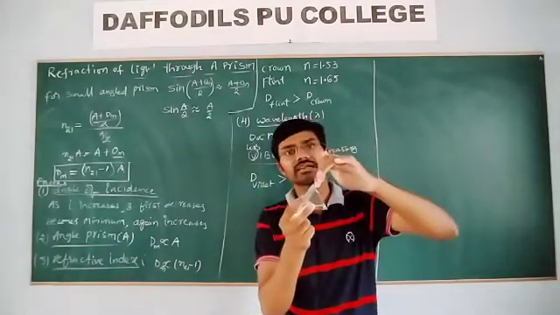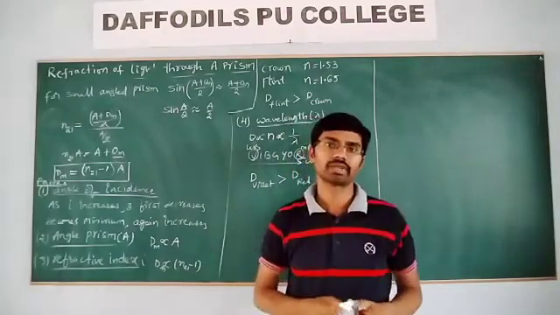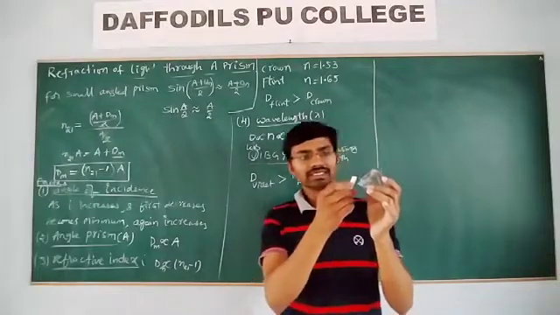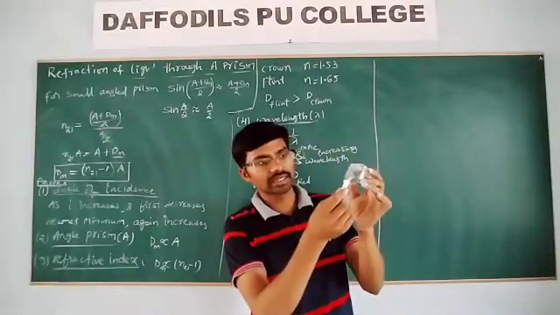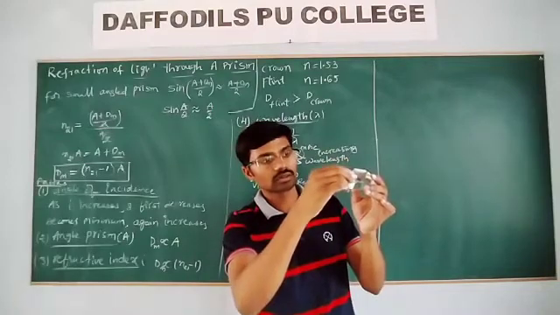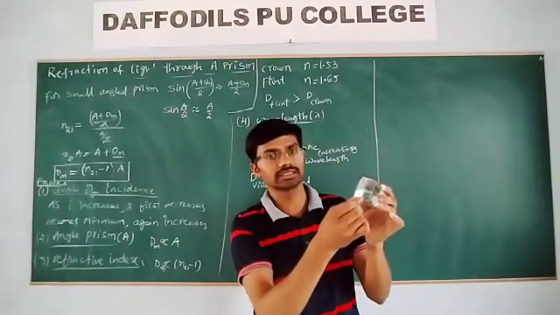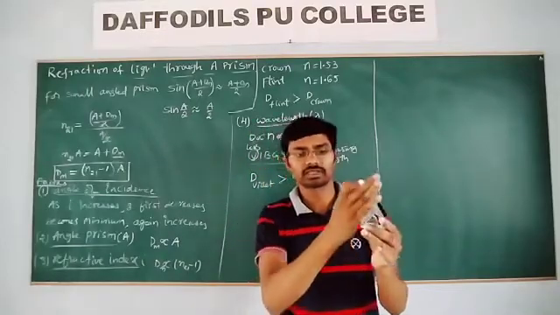What would be the condition for no emergence? And for example, if the light ray is incident grazing. Grazing means incident perpendicular to the normal, so grazing along the surface.